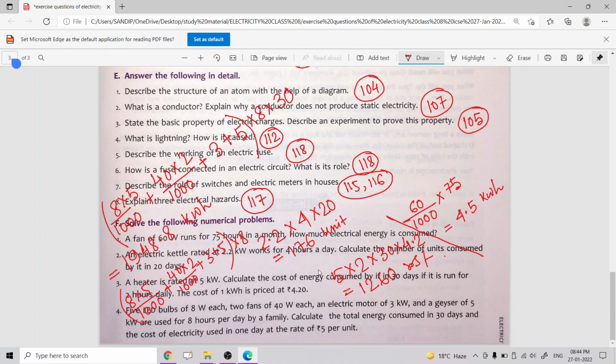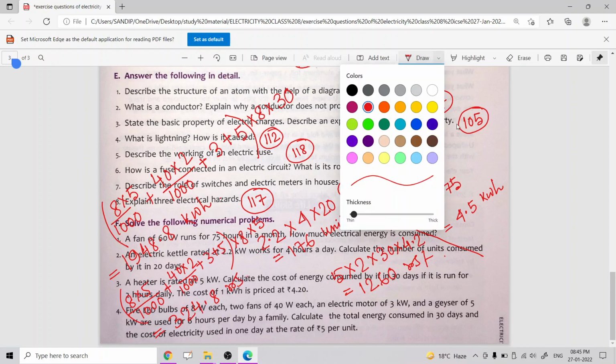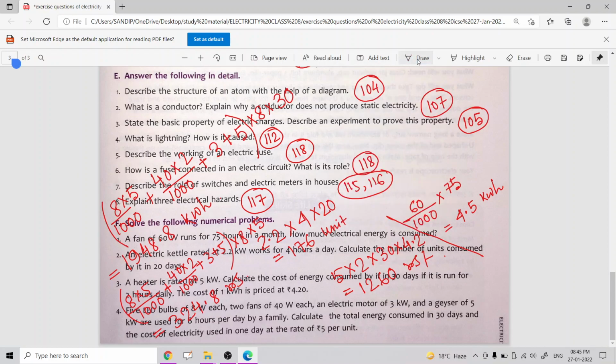And the rupees is into 5 for 1 day only, then we get 324.8 rupees. So this is the point we just get.